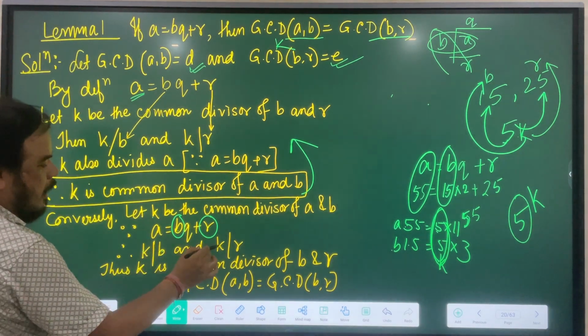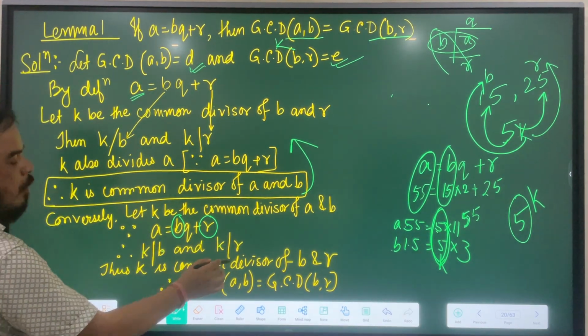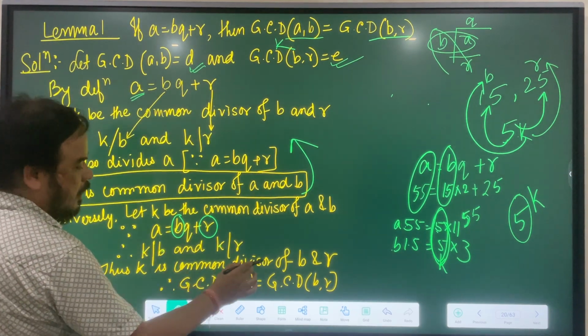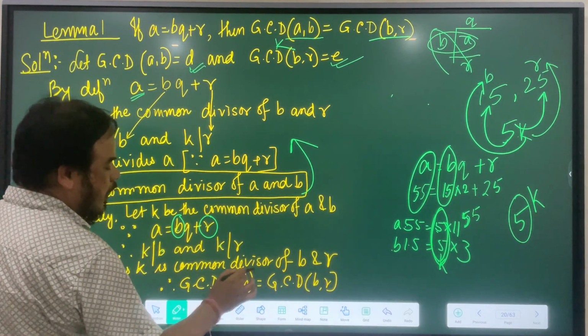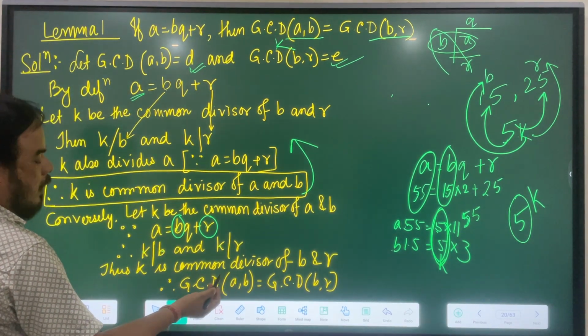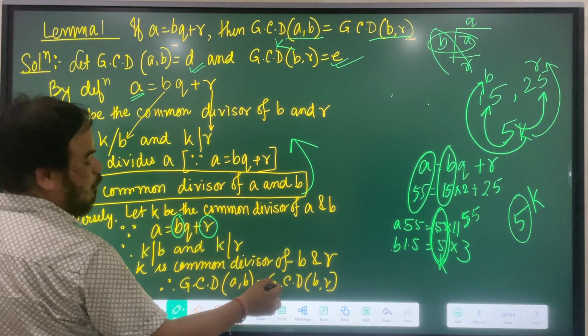So K divides B and K divides R. Thus, K is a common divisor of B and R also. So GCD of A, B equals GCD of B, R.